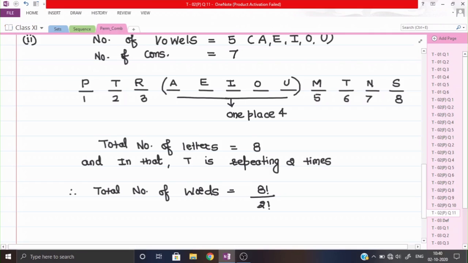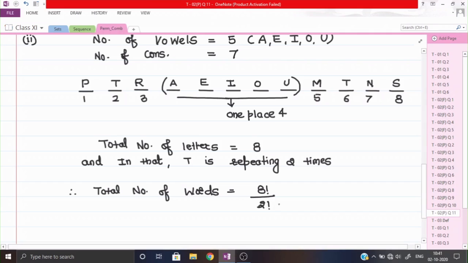Why? I will tell you. See, in the previous question, when all the 4 i's were coming together, even if the four i's changed places internally, since they were identical, the whole word looked the same. For example, if all the a's are coming here and the remaining four places are also occupied by a, then changing places does not change the arrangement.